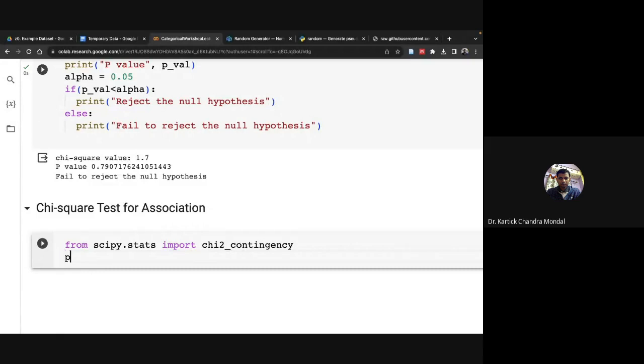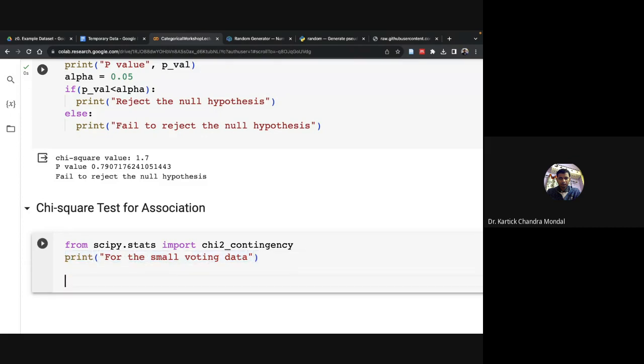So print for the small voting data, and we will do the same thing for the large voting data, where you have 200 rows.